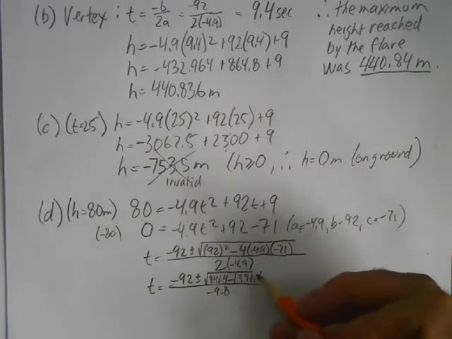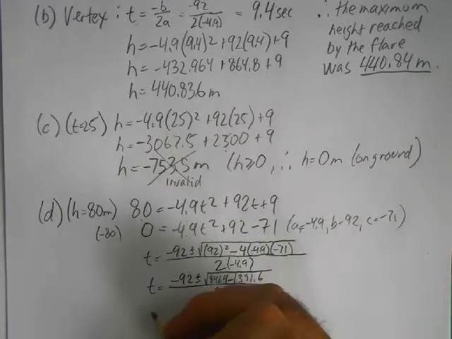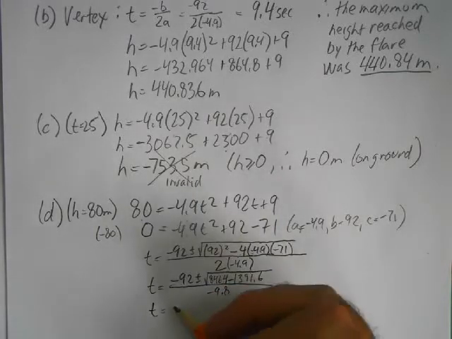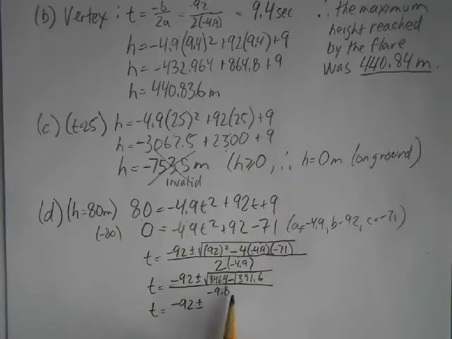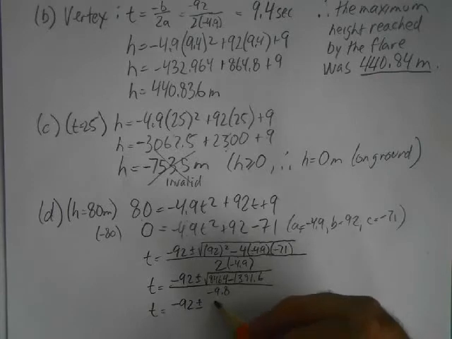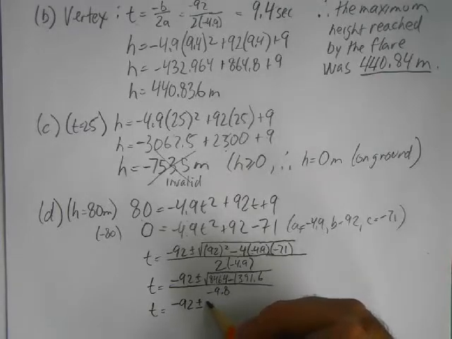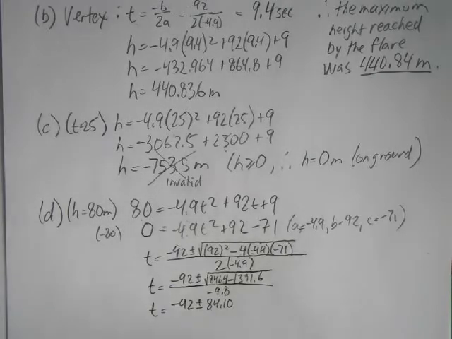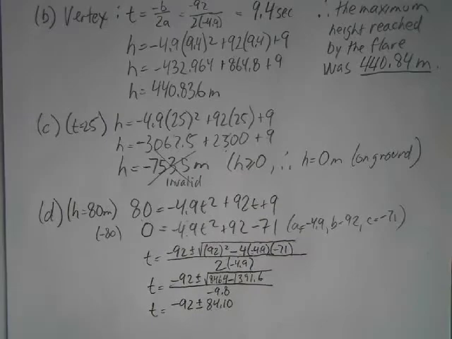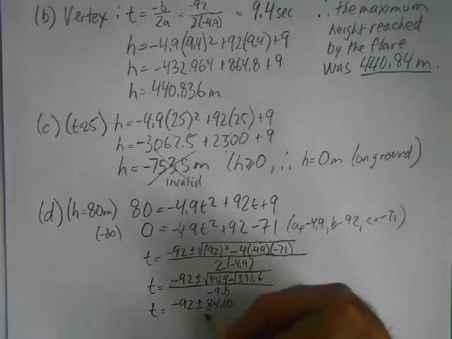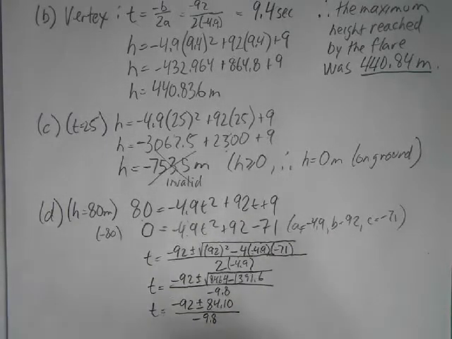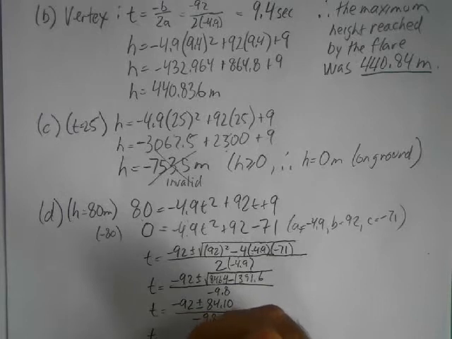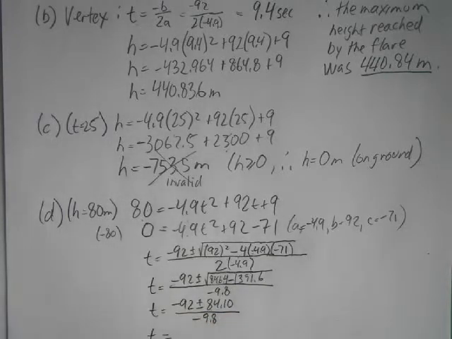When I do that and take the square root, I get negative 92 plus or minus the square root of 7072.4. When I take the square root, I get 84.1, I think it was 0.09 but rounded up, over negative 9.8. Then we're going to have 2 possible answers, and I'm hoping that they're both positive.